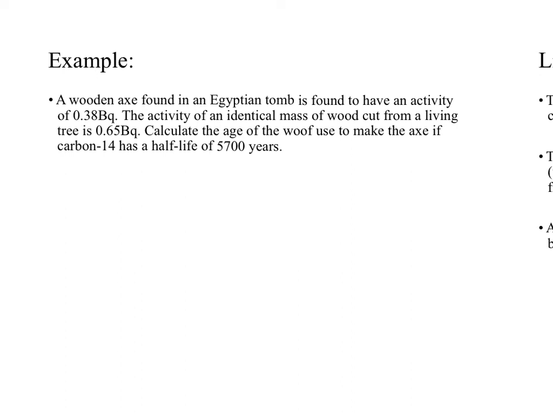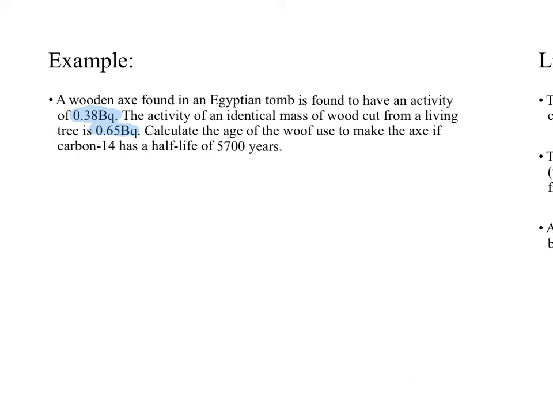It's talking about a wooden axe that was found in an Egyptian tomb to have an activity of this much. The activity on identical mass of wood cut from a living tree is this much. So now we are identifying some values.